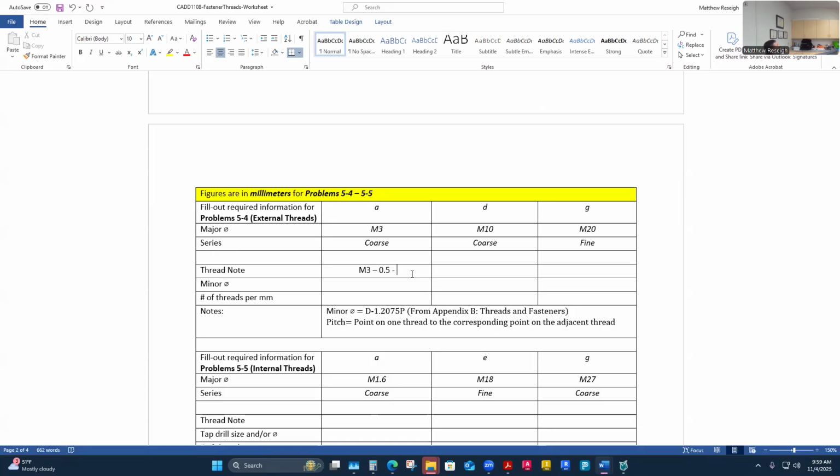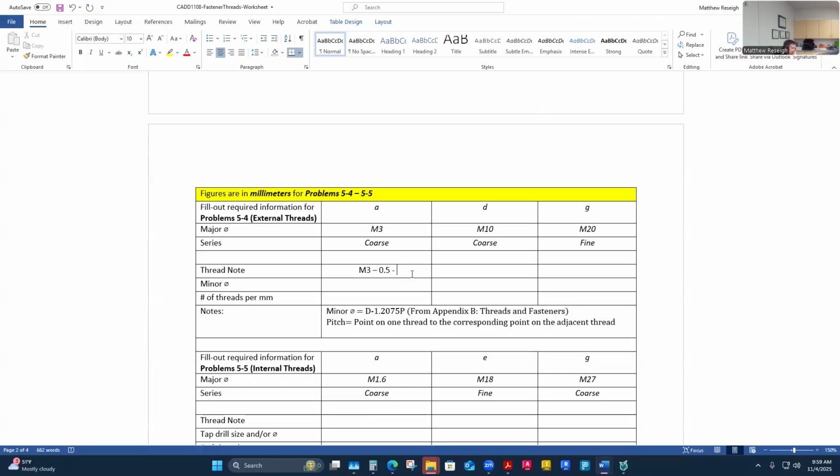So that's also kind of backwards from the Unified National Coarse system, right? Because it was 1 for loose, 2 for moderate, and 3 for a fine fit. Here, it's actually 3 through 5 are fine, and 7 through 9 are coarse. So it's just opposite. That's additionally confusing for sure. It's flip-flopped from the Unified National Coarse system.